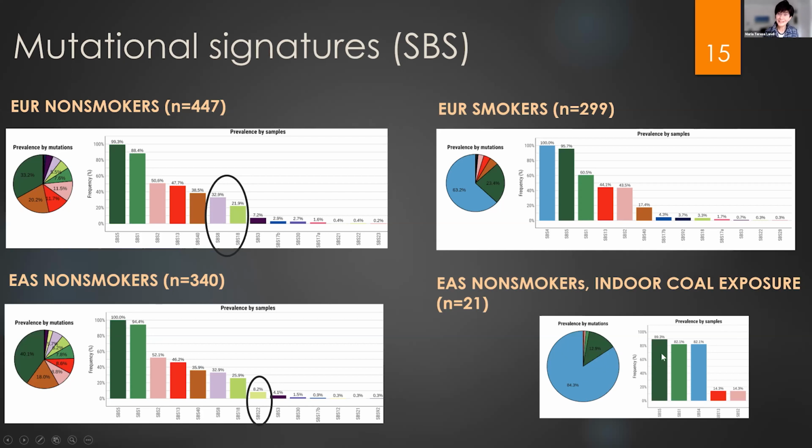And in fact, the never smokers in this area have a risk of lung cancer that is much higher than the risk attributed to tobacco smoking. And what we saw is that all of this coal combustion was associated with a very high level of signature 4. 84% of the mutations were attributed to signature 4. So this is interesting and corresponds to what we see epidemiologically.